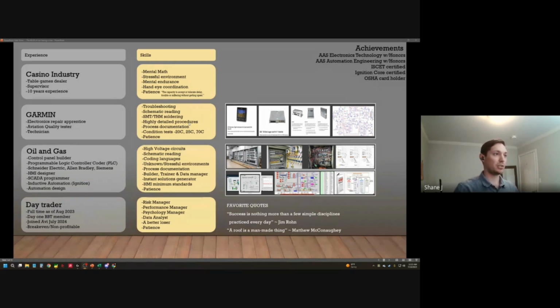That was my first introduction to process documentation and how I should explain things to people. Also, all these things come in conditions of minus 20C, 25C, and 70C. These are some of the electronics I worked on. It's as impressive as it can be. You work on little silver boxes every day, and you're looking at schematics sort of like this.